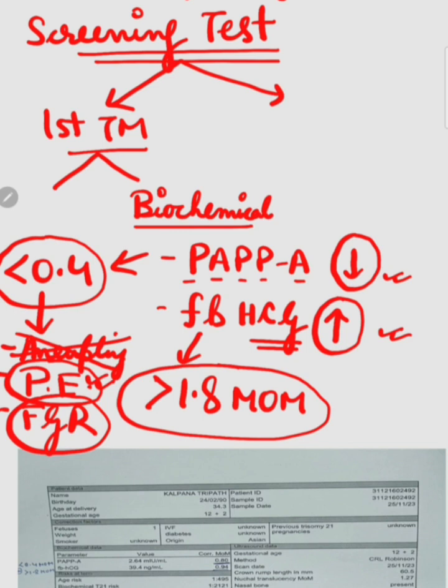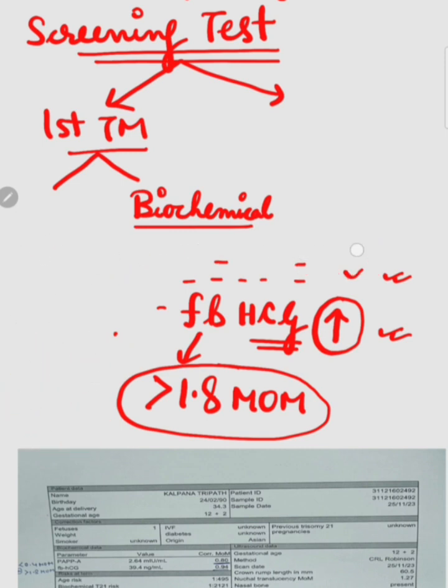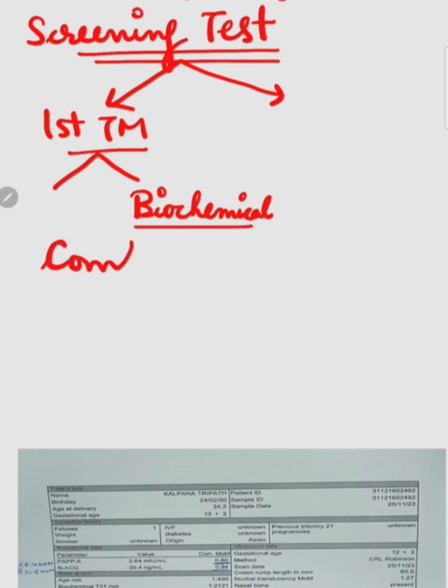And free beta HCG more than 1.8 MoM. Now what we do is, generally in pregnancy we have various kinds of screening modalities like dual screen, triple screen, quadruple screen. In the first trimester we usually get a combined screen done. What do you mean by combined screen?